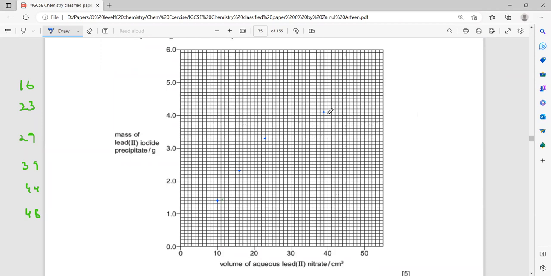Since 39 was already there, this will be 40, 41, 2, 3, 4, so 44 and 5.1. This is 5, so this will be 5.1. And then 48 and 5.1, at the same height.